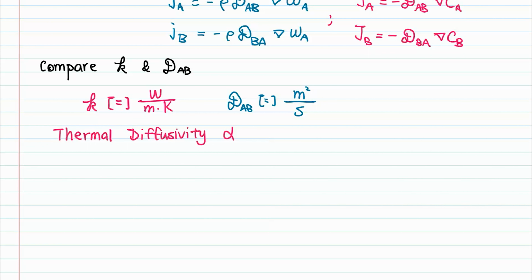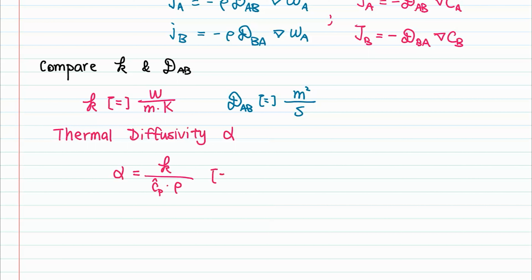Alpha, the thermal diffusivity, is defined as the thermal conductivity divided by the constant pressure heat capacity times the density.